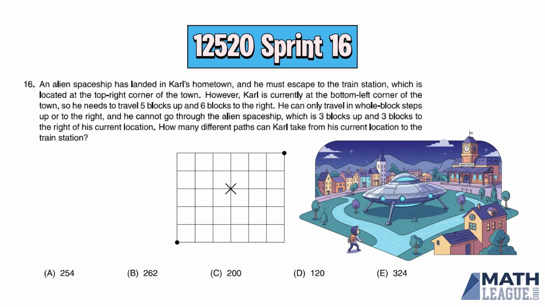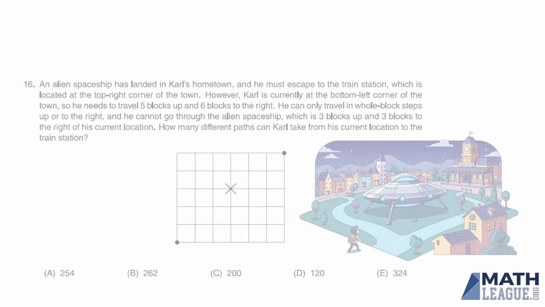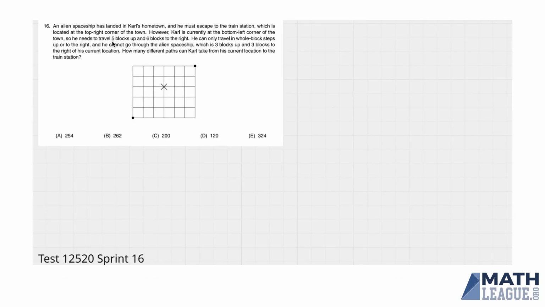So first notice that something the problem tells us is that Carl must travel 5 blocks up and 6 blocks to the right. What we can represent this as is Carl must take 5 movements that are up and 6 to the right. But the order in which he takes these steps to get to the train station doesn't really matter, right?